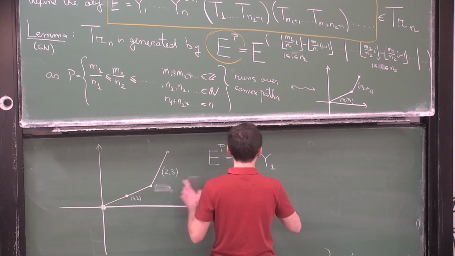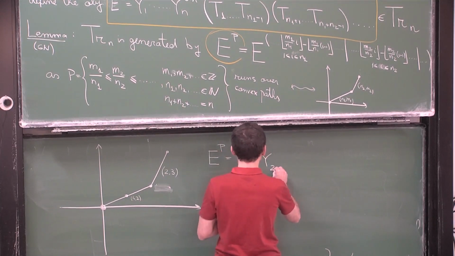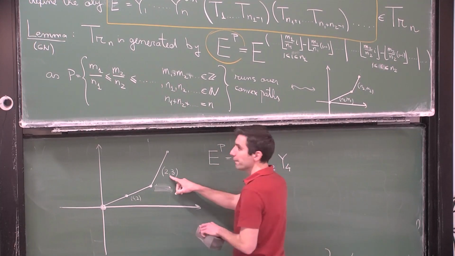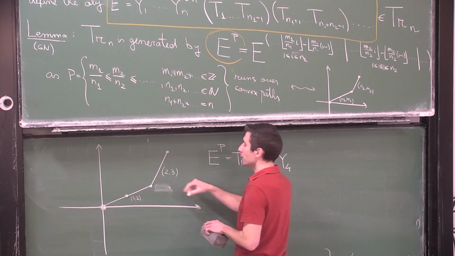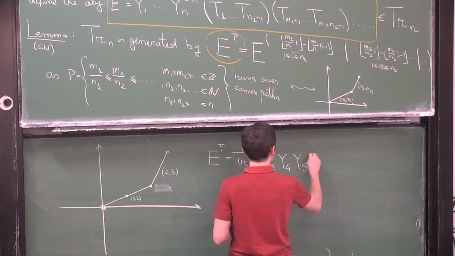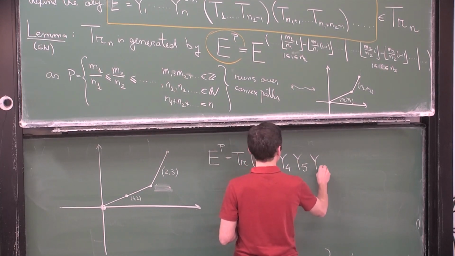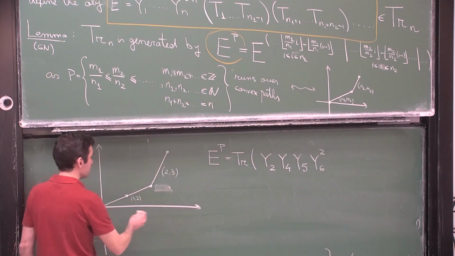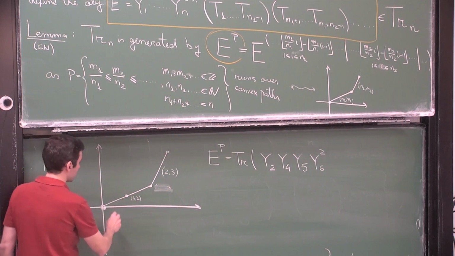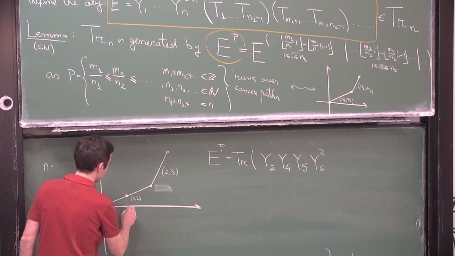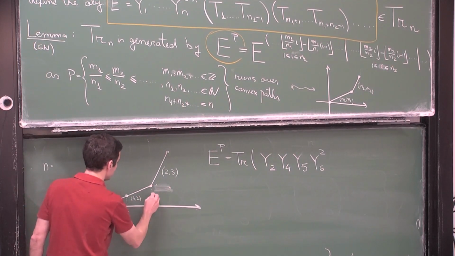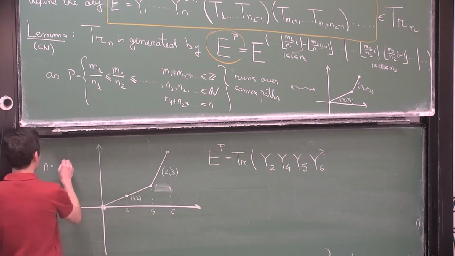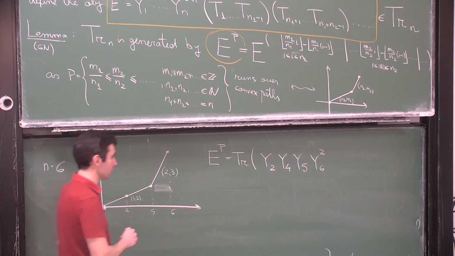So y1 to the 0, y2 to the 1, y3 to the 0, y4 to the 1, and then here I'm going to need y5, y6 squared. So how do we see this? The number n is the total horizontal length of this path. So this is 2, this is 4, and this here is 6. So in this case, we have a convex path which corresponds to n equal to 6.